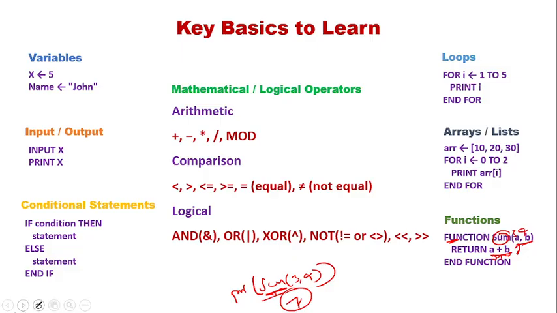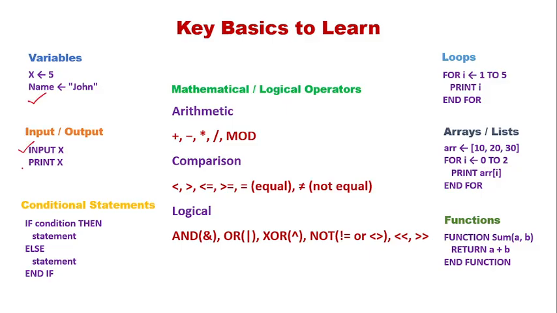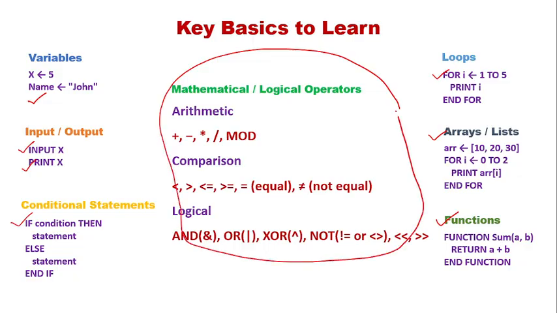So these are the basic ideas about pseudocode. If you write any pseudocode logic, we need to know how to declare variables, what the input and output statements are, then conditional statements, loop related, array related, and function related, and moreover, the very important thing is the logical operators. We can't write any code or pseudocode without these.